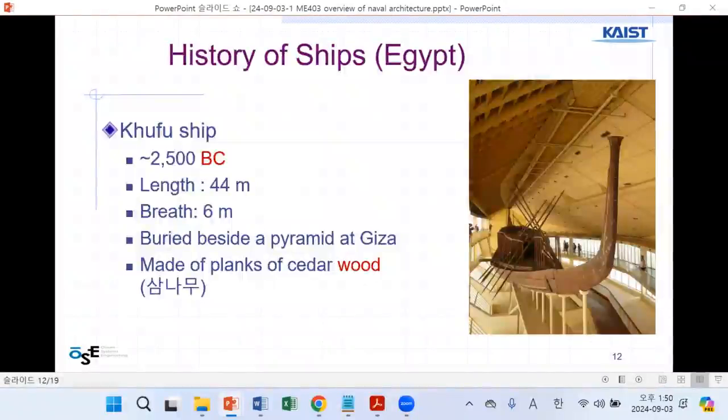History. Egypt. Khufu, BC, before Christ, 2,500. A long time ago, they already had a ship. This is the ship. This is not this one.